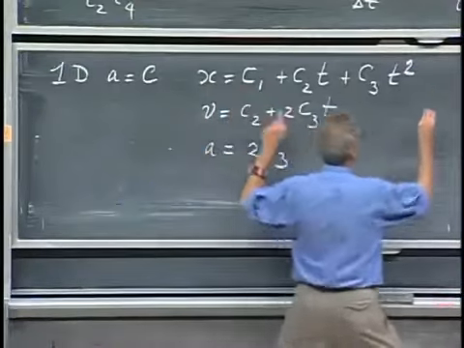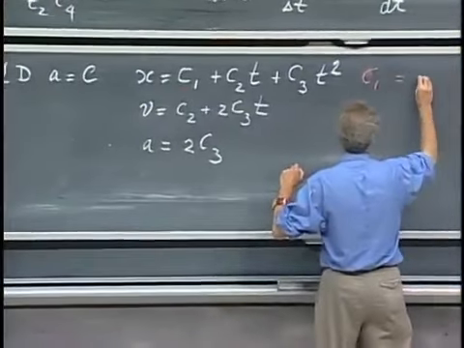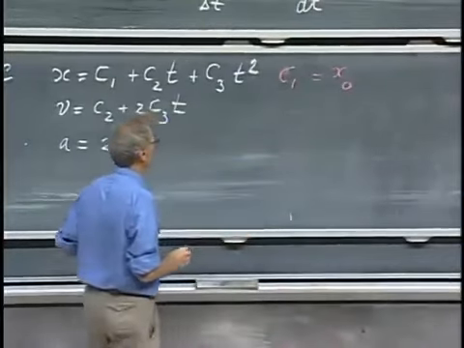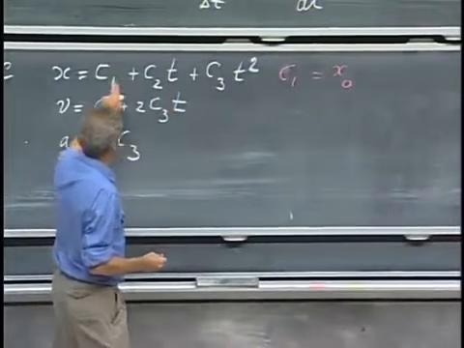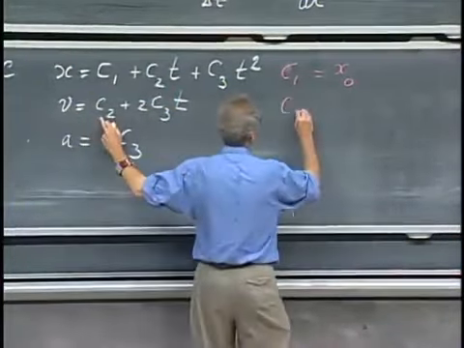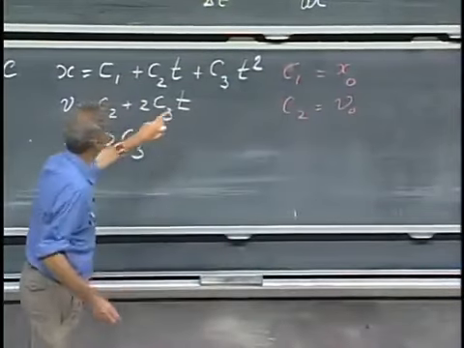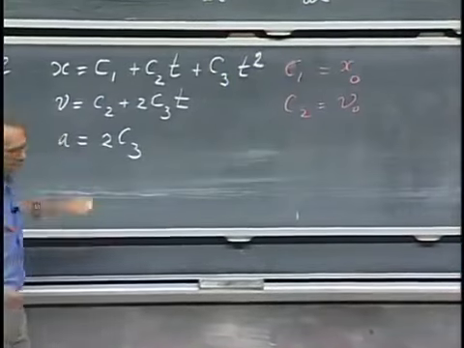Clearly, c1 is the position of x at time t equals 0, for which we often write an x0, because when t is 0, that is where x is. c2 is really the velocity at time t equals 0, because when t is 0, that's when c2 is v.